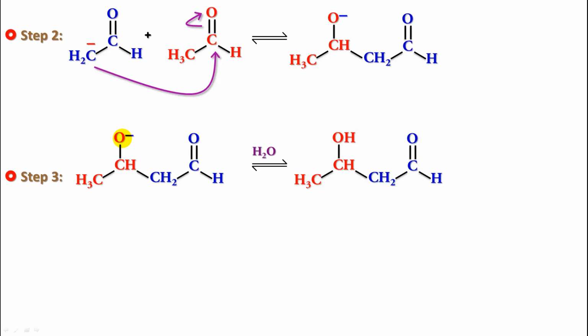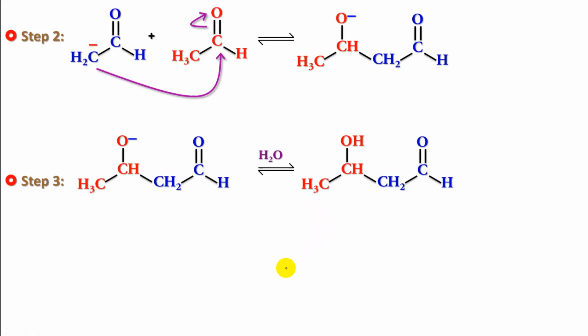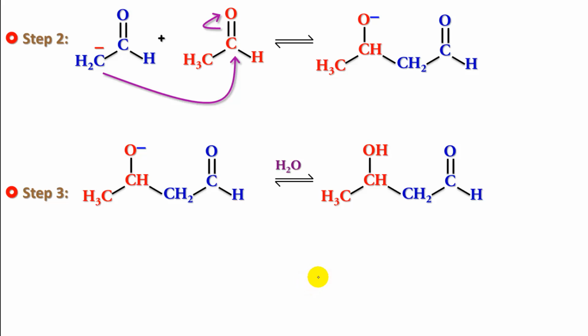Now, one important aspect of this reaction is we use dilute base, and it is very essential to understand why we use a dilute base and why we can't use a concentrated base. Now, the problem is any good base is also capable of acting as a good nucleophile. So, a good base is a good nucleophile, okay?